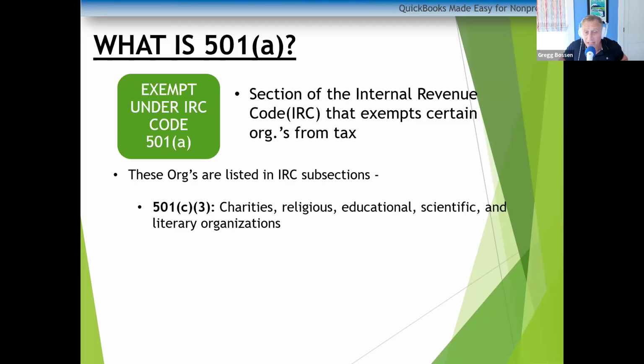One of the subsections is 501(c)(3). I assume you've heard of that. So that's what almost all of us are. We're nonprofits, and we have been exempted under 501(a) because we are a 501(c)(3) charity. And that means, A, we don't have to pay income tax, and B, it also means we have to file a 990, unless we're excluded.